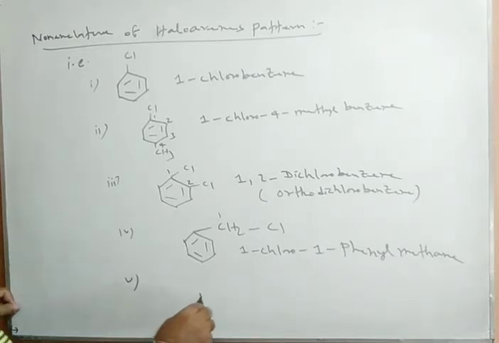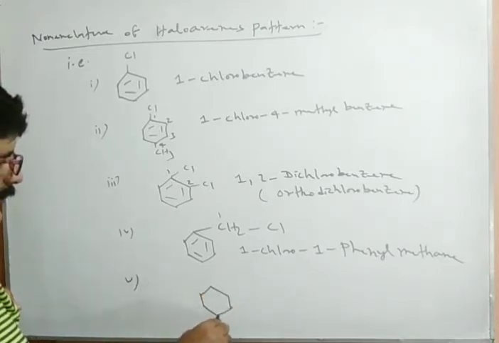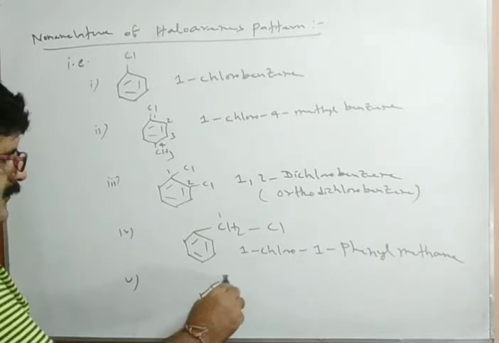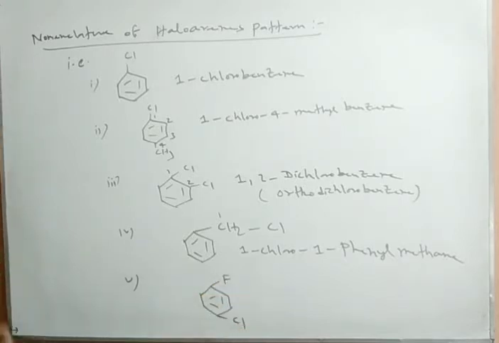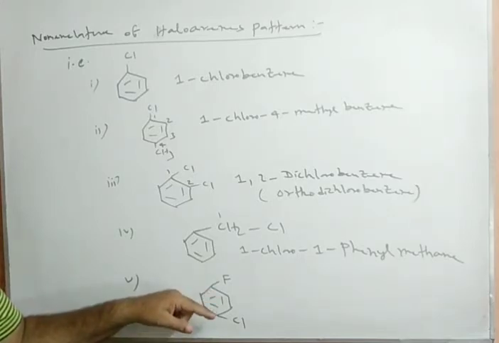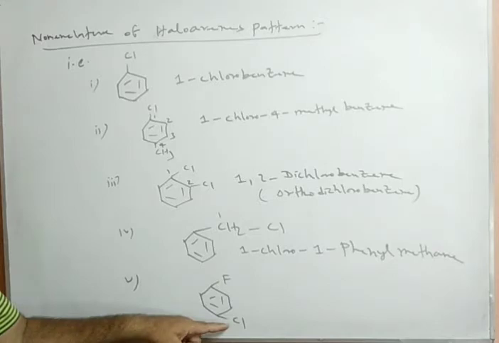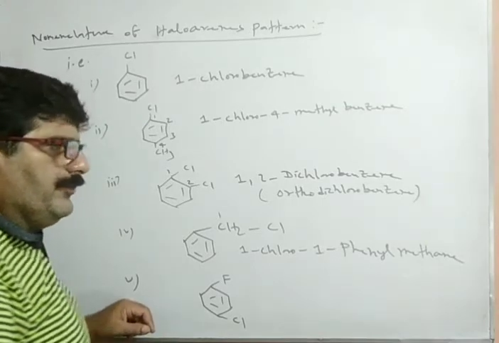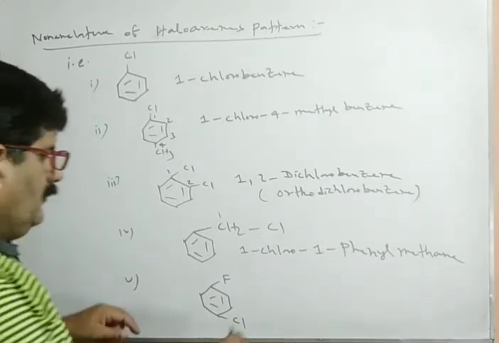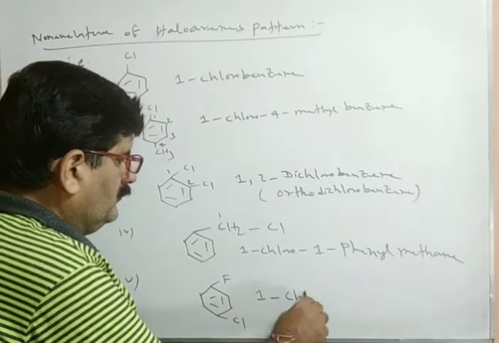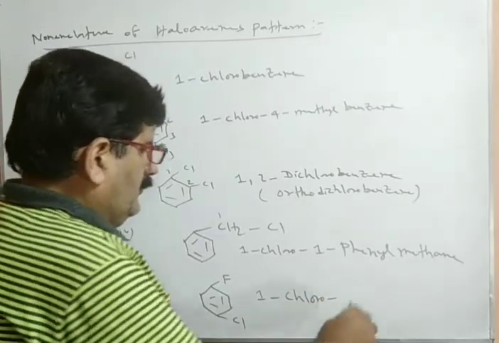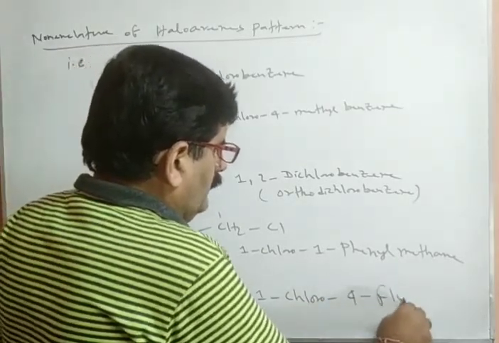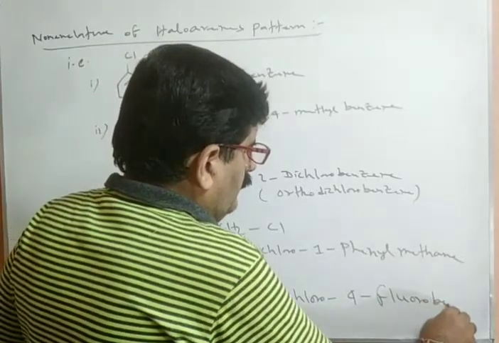Suppose this pattern of compound is present. Here 2 different halogens are present. One is called fluoro and the other one is called what? Chloro. So according to alphabetical order, the name of this compound becomes 1-chloro-4-fluorobenzene.